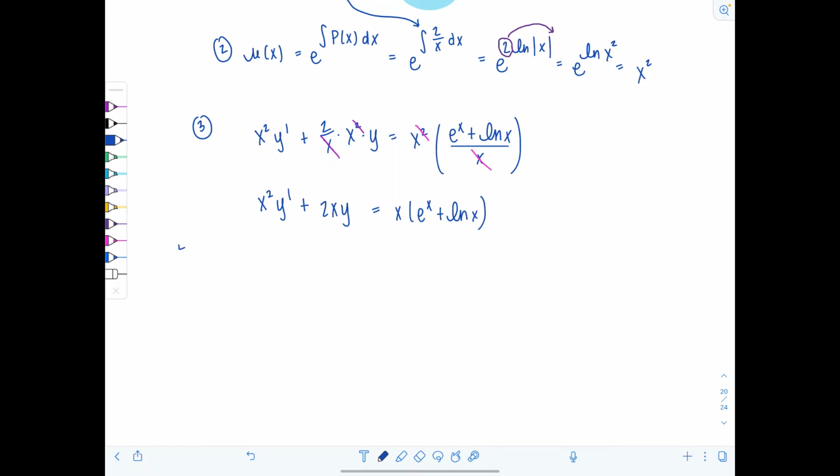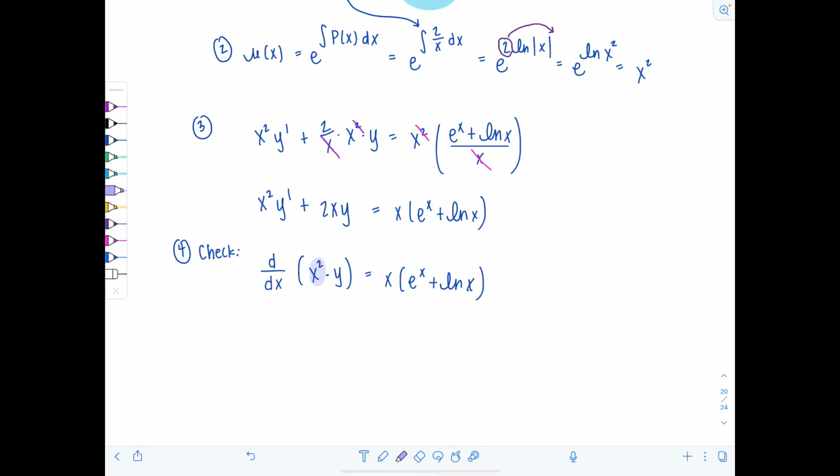Great. Now step 4, what you need to do is check that the left-hand side indeed is the derivative with respect to x of mu of x times y. Mu of x was x squared, times y. Let's check. I've caught many a mistake at this step, so don't be lazy and skip it.